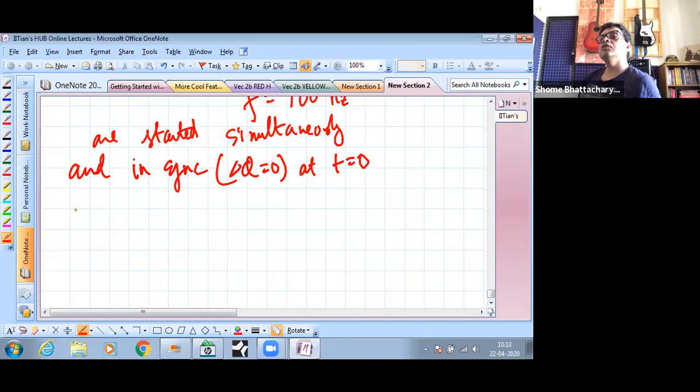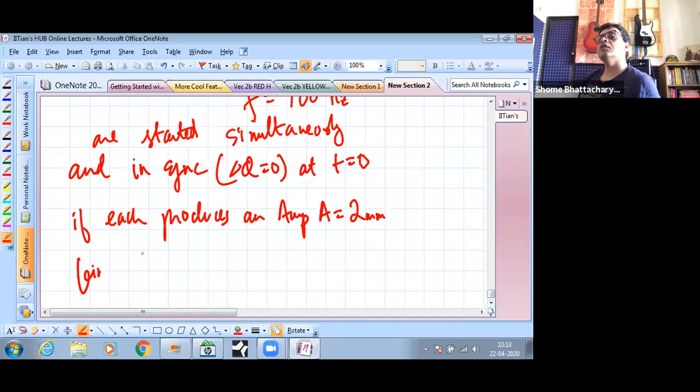So if each produces an amplitude of 2 millimeters, find the net amplitude from interference at a point P. Okay, so I'll show you that point P also.